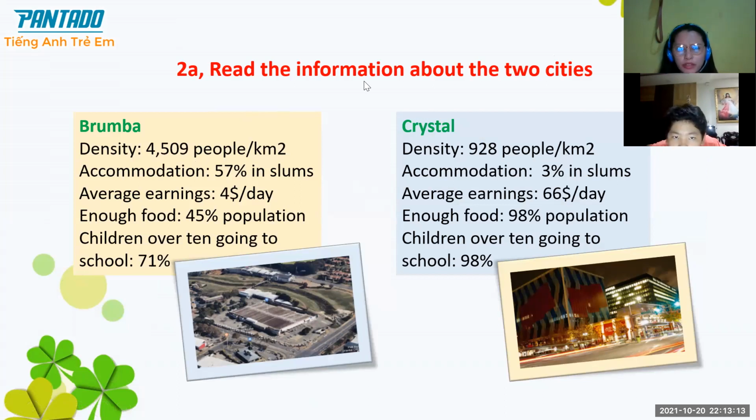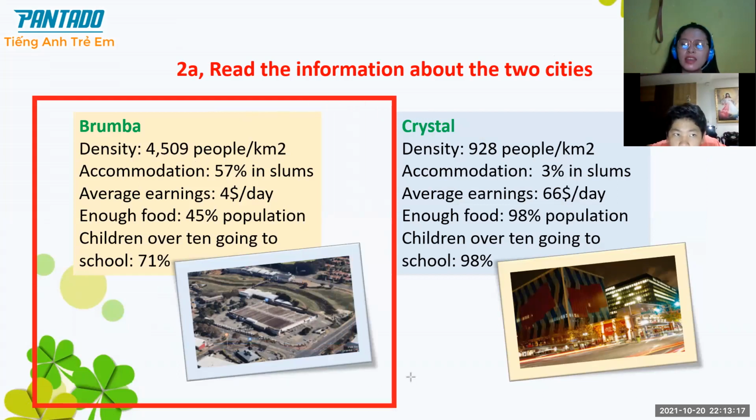As you can see, there is a picture also. That is exactly about Bromba. So I want you to know what that information is. So what is the density in Bromba? Density.